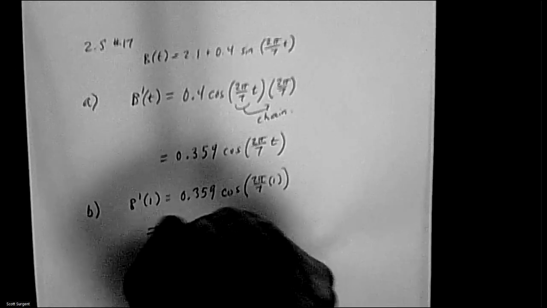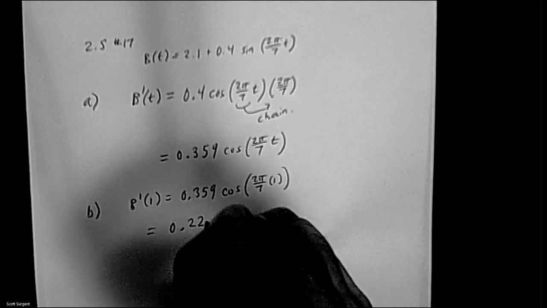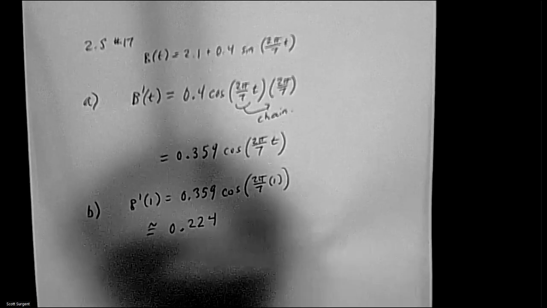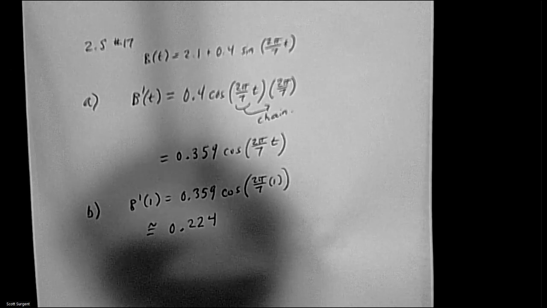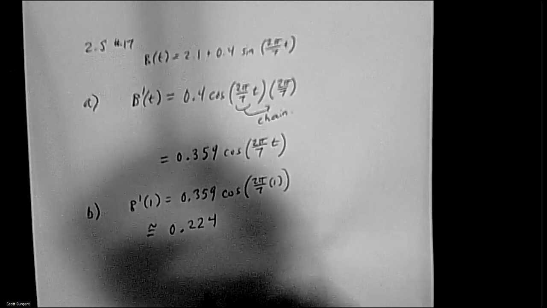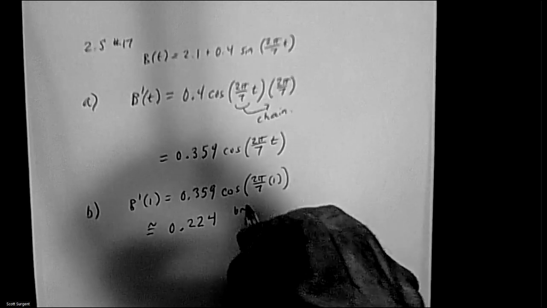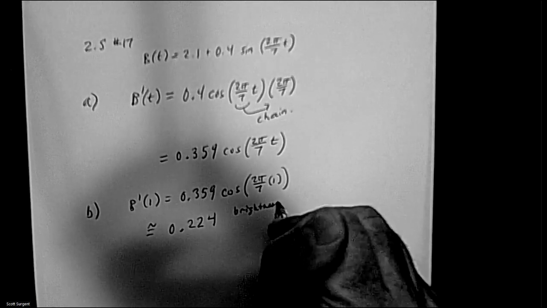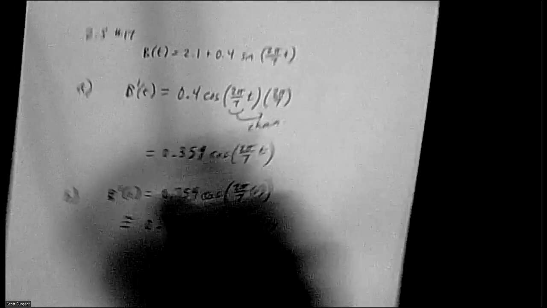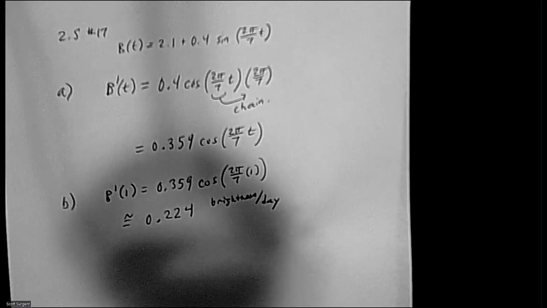I get about 0.224, so it rounds up. And the units on that, I don't know what they use for brightness. It would be something per day. How about brightness per day? I know that's kind of funny, but that's all we've got to go on.